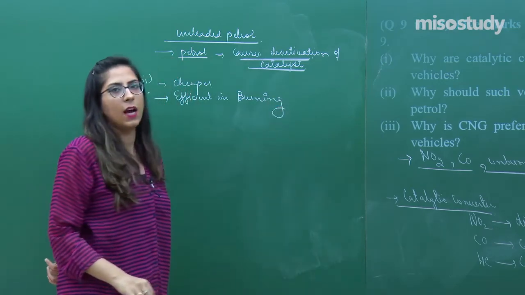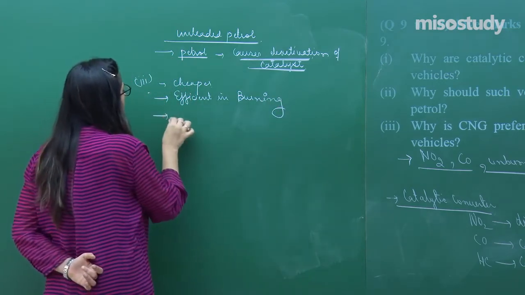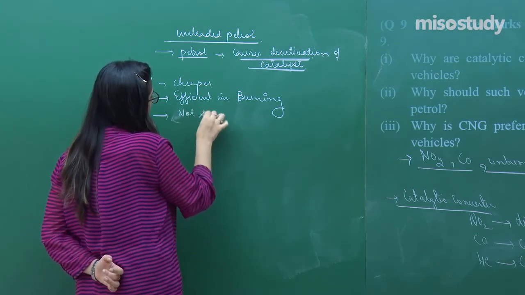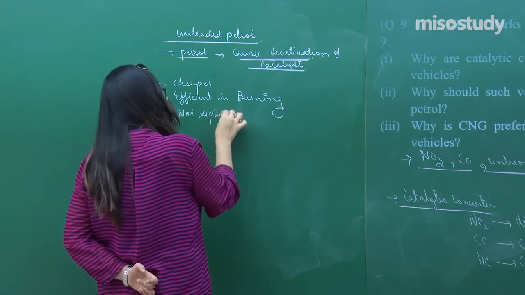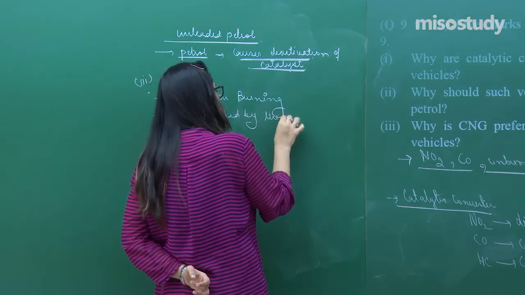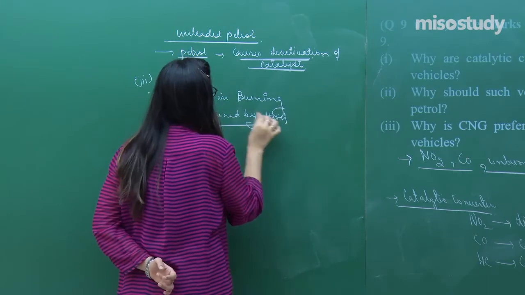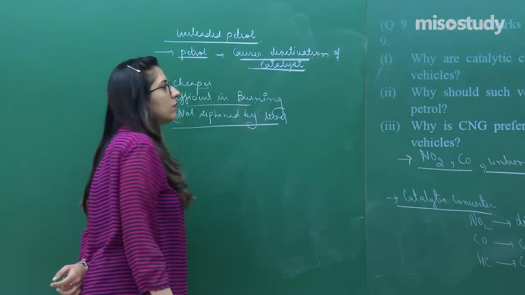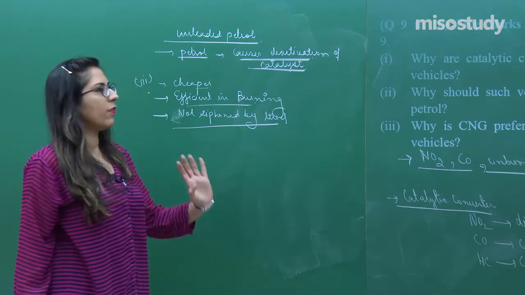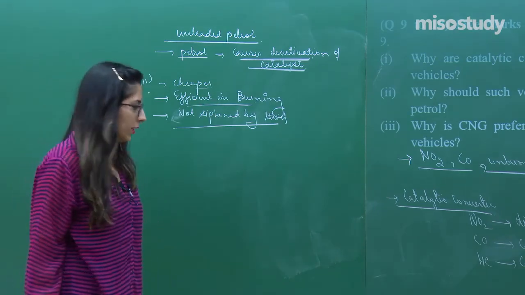Another reason is that it cannot be siphoned by thieves. Right, and so many others we have studied. So this was a 5 marks question. This is how you can attempt it.